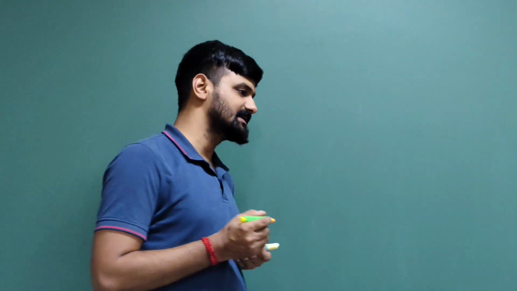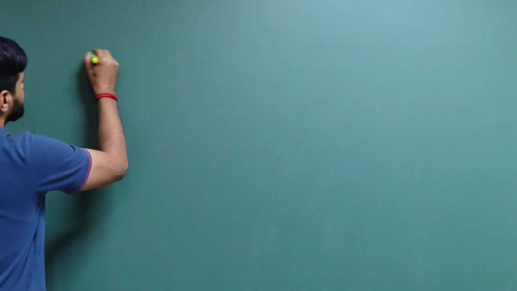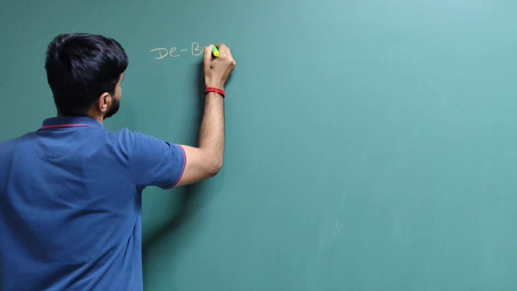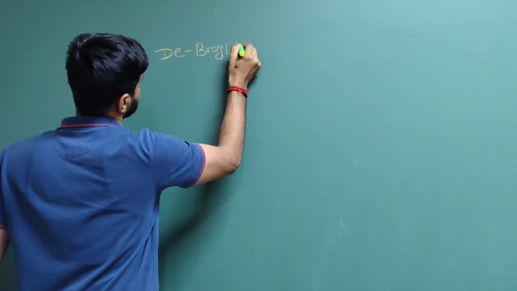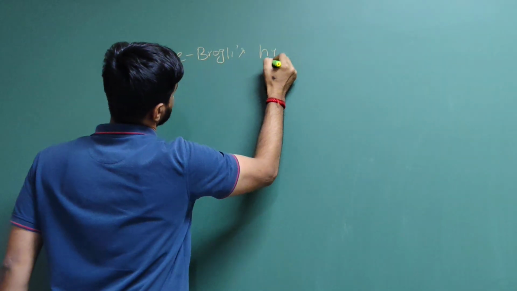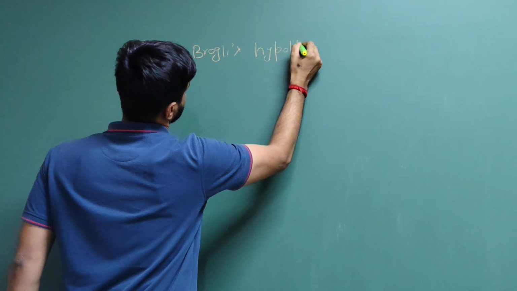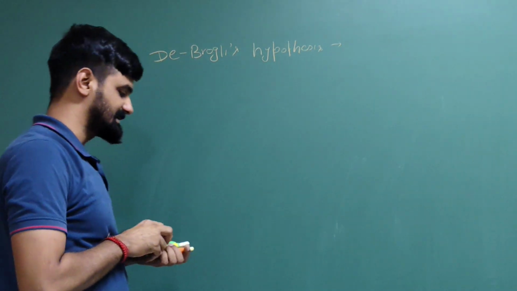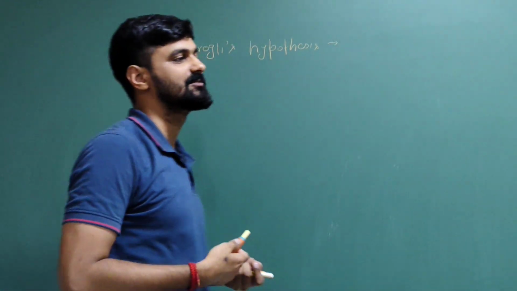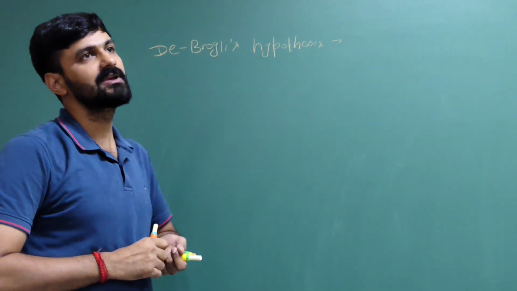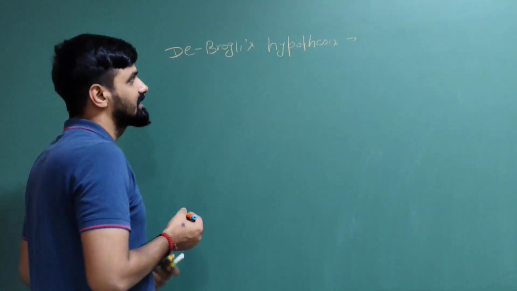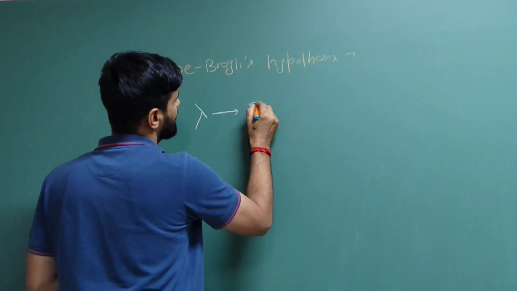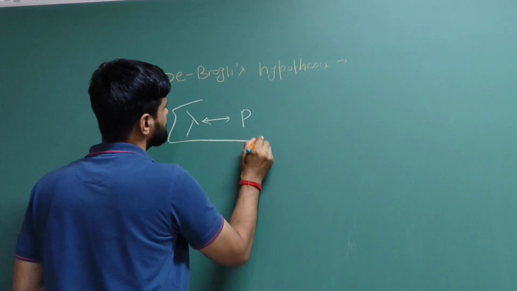So if you see de Broglie's hypothesis here, it tells us that if a particle is in motion, then there will be a wave associated with it, and the wavelength of that particle will be related to the momentum of the particle, right?